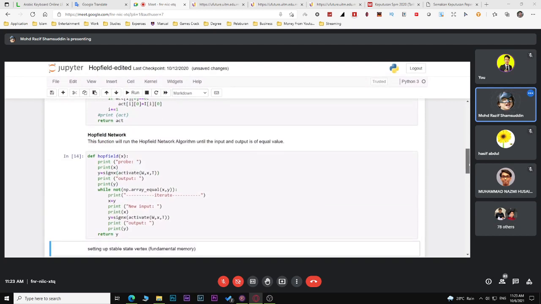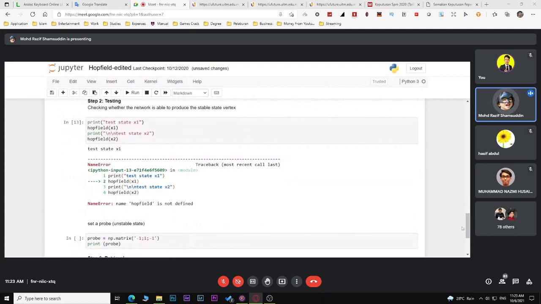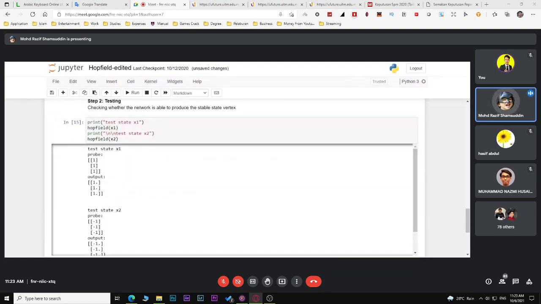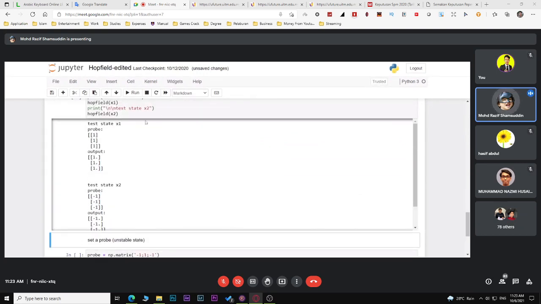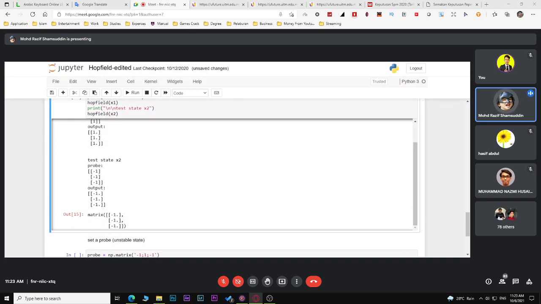Okay, now the method ataupun function is ready, so kita run. Ada that test, nampak tak? Dia kata tu dia punya probe dia ini 111, output dia 111. Dah, maknanya dia okey lah kan, dia boleh menghasilkan output yang sama dengan input. Sama juga negative 1, dia boleh menghasilkan output yang sama.